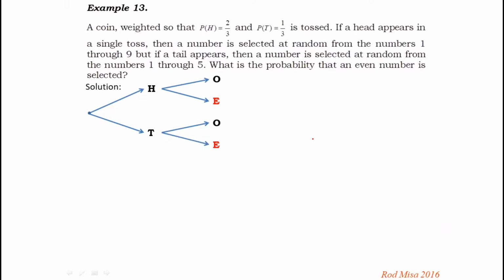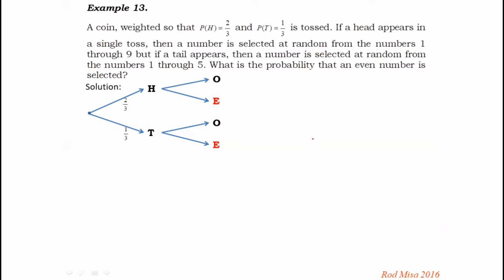Obtaining a head when you toss the coin has a probability of 2/3 because the coin is weighted to have a head 2 out of 3 chances. And of course, the probability of obtaining a tail is 1/3.